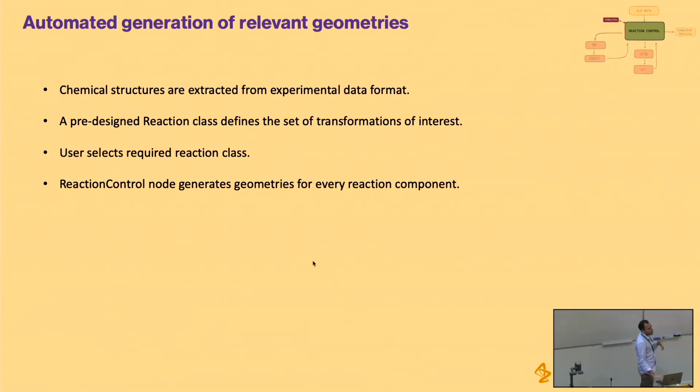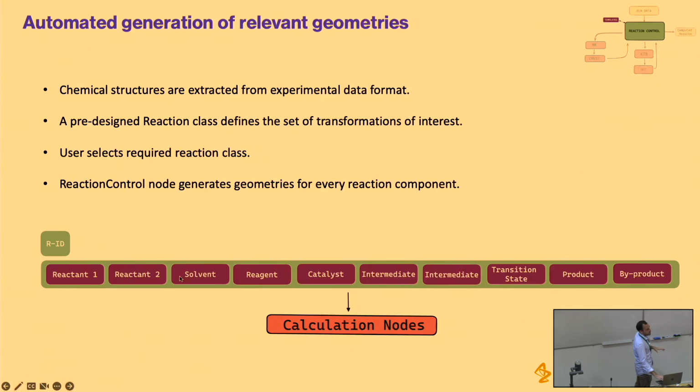Then for the relevant geometries, we have a predefined reaction class, which contains the set of transformations that you want to include in your reaction. We've done it manually in advance, and the user just has to select which reaction class they want. It generates the relevant geometries for every component. So for example, this is what it will look like and what we'll send to the calculation node. You'll have instances for each of these molecules, and each of these will be treated as a separate calculation.